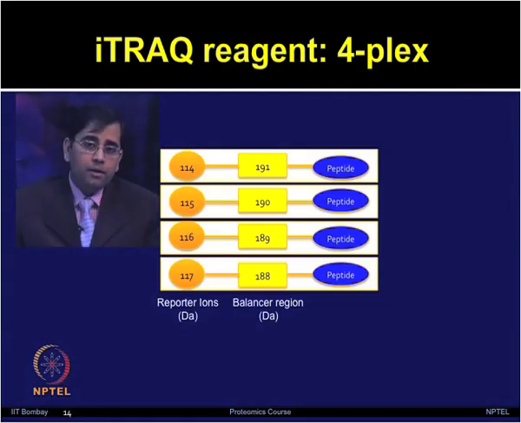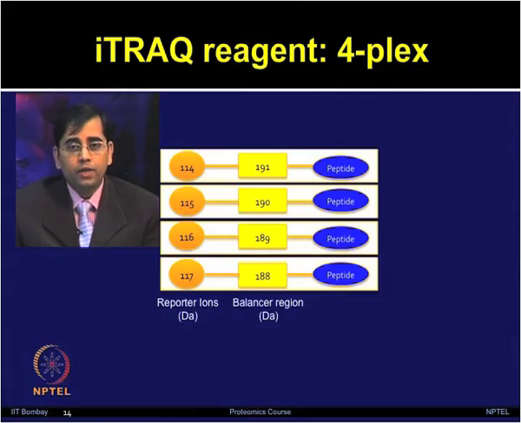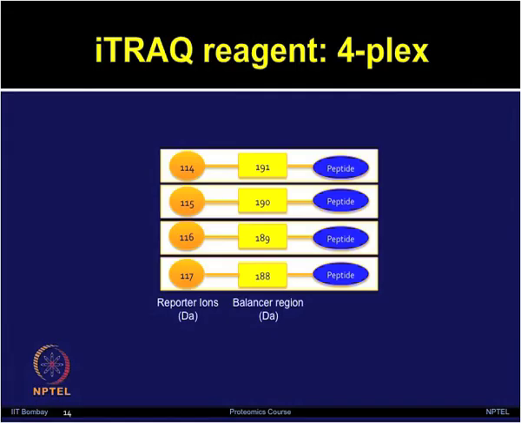The iTRAQ label is an isobaric tagging compound consisting of a reporter ion series. Here I have shown you the 4-plex iTRAQ reagent with 114 to 117 Dalton reporter, a balancer region of 191 to 188 Dalton, so that the total mass of the isobaric tag is 305.